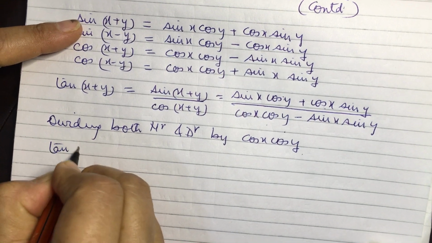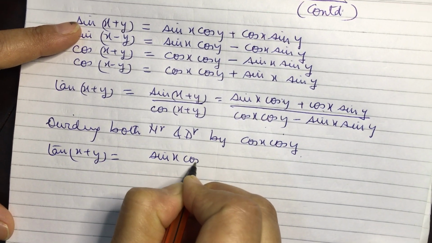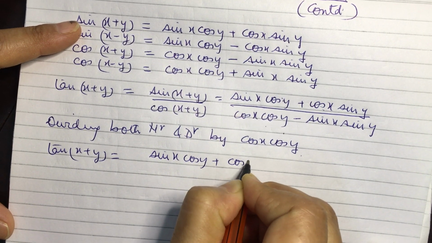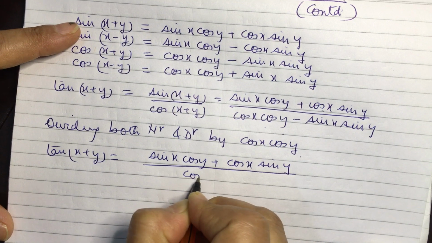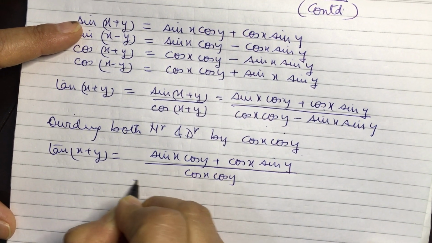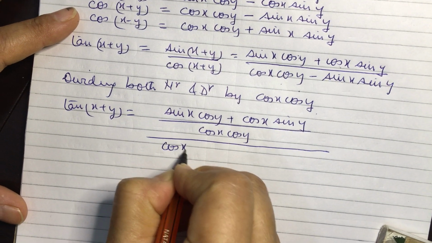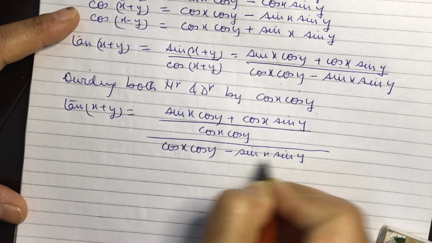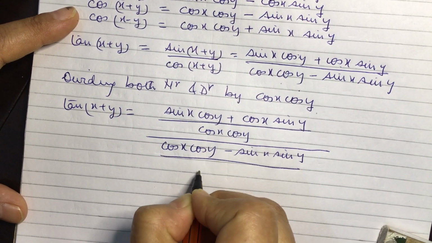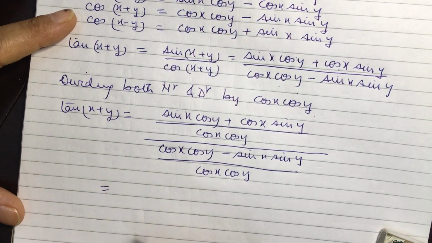So tan of x plus y will be equal to (sin x cos y plus cos x sin y) whole upon cos x cos y, and the denominator becomes (cos x cos y minus sin x sin y) whole upon cos x cos y.